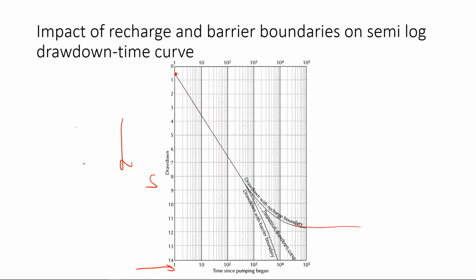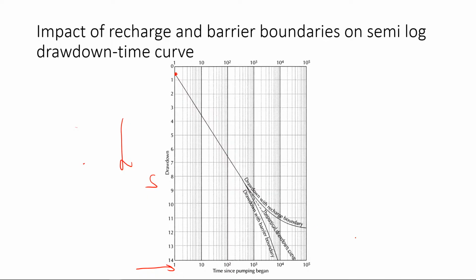While if I have an impermeable barrier boundary, then after the effect of this boundary starts to kick in, my drawdown would be much higher, because this water is not getting replenished, so the water table will just keep declining and declining, not reaching a plateau here.